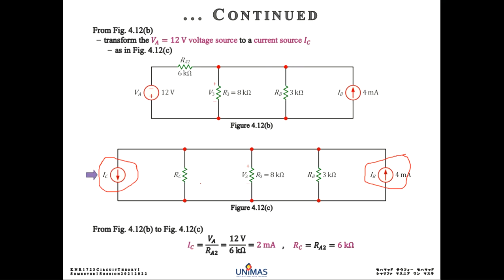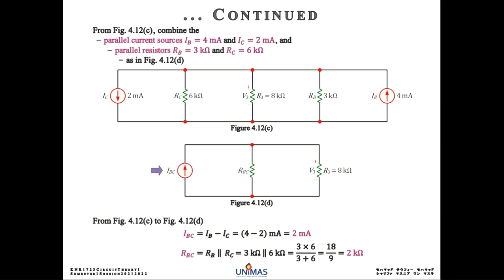You can combine the two, and RC and RB can be combined together. So you combine together, so you have a simple circuit like this. So a simple circuit with IBC with RBC.